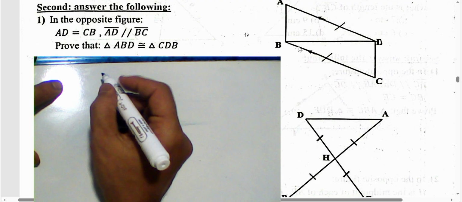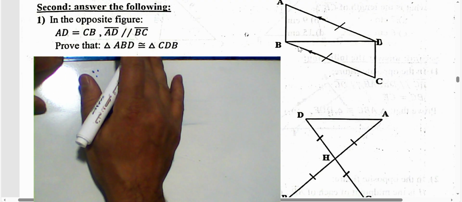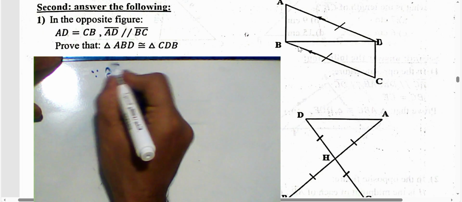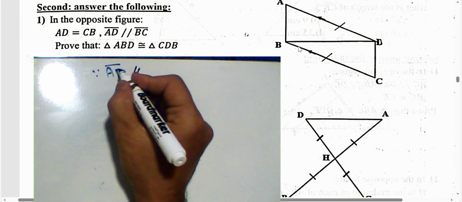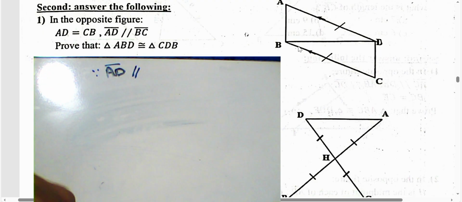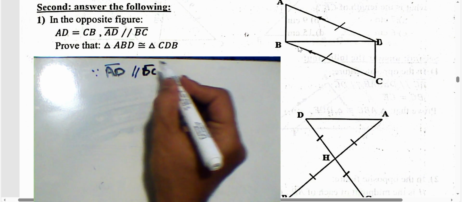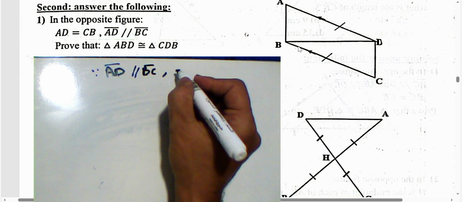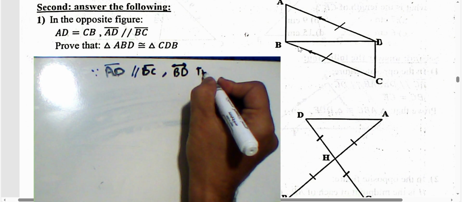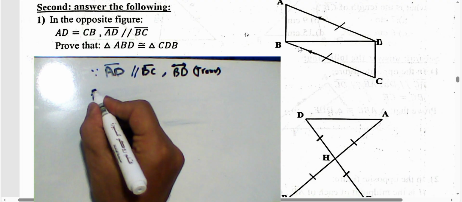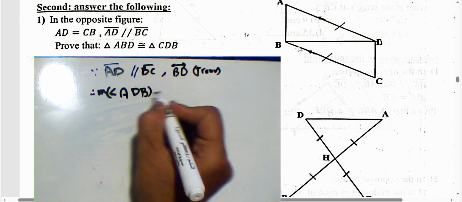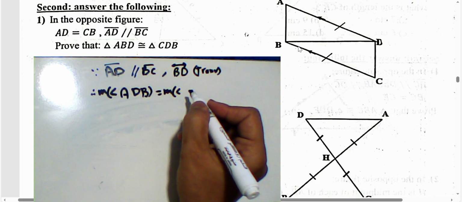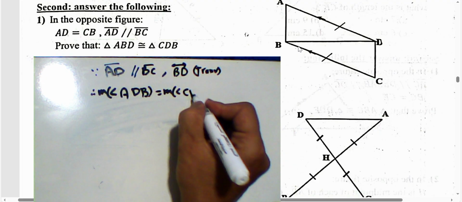The first step here we can write: such that AD is parallel to, look at here, BC, and we have BD, straight line BD, transversal of them. Then the measure of angle ADB is equivalent to the measure of angle CBD.